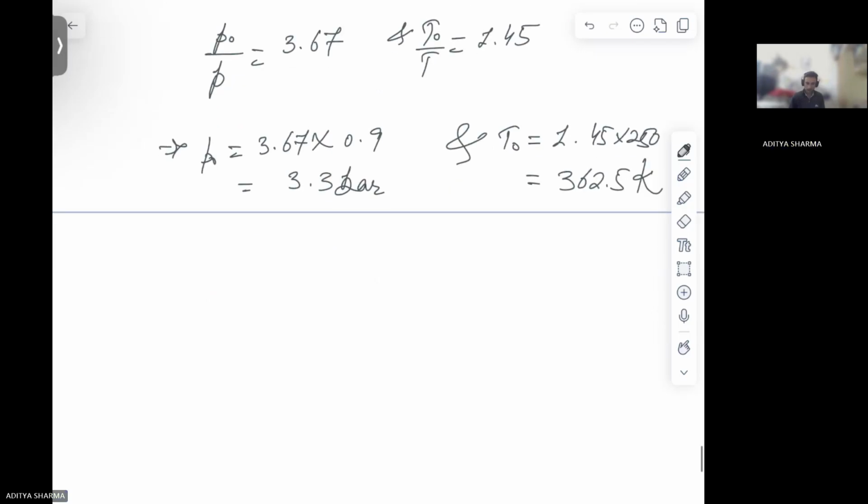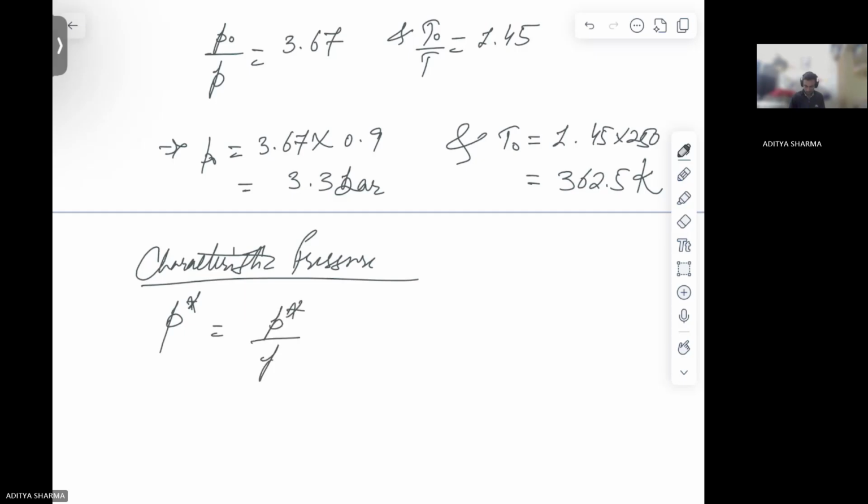Okay. Now characteristic pressure and temperature we need to find out. So characteristic means choked condition or at the throat. Characteristic. So we'll multiply and divide by P naught.